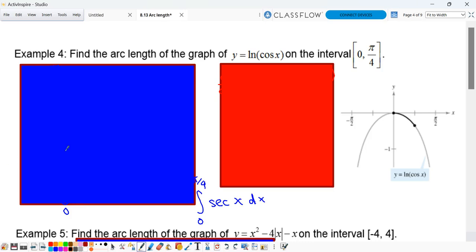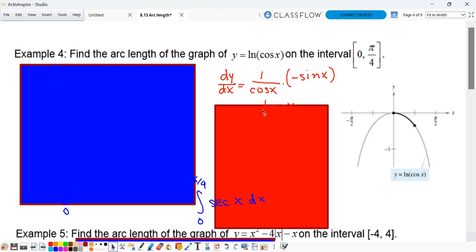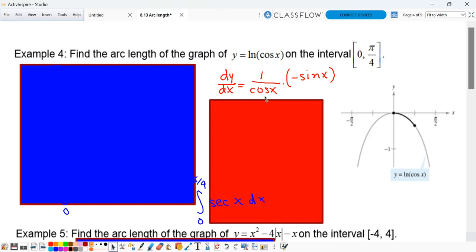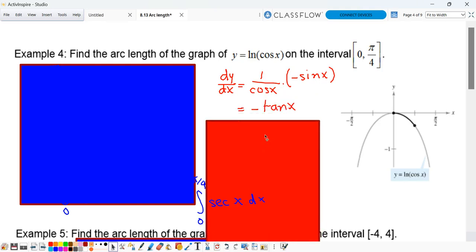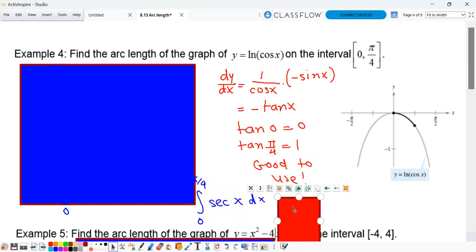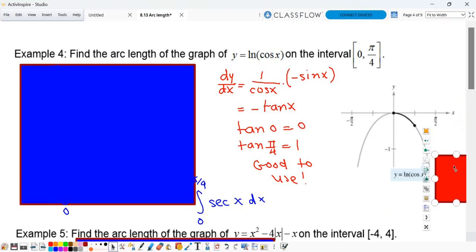So what's the derivative of y? What's the derivative of ln? The derivative of ln of something means 1 over something. And that 1 over something is 1 over cosine. The derivative of cosine is negative sine x. Everybody is required to know that sine over cosine is tangent x. Tangent 0 is a 0. Tangent pi over 4 is a 1. So yes, this function is good to go.